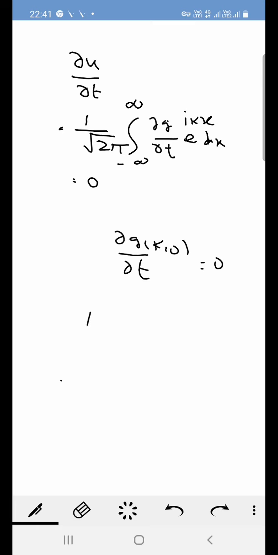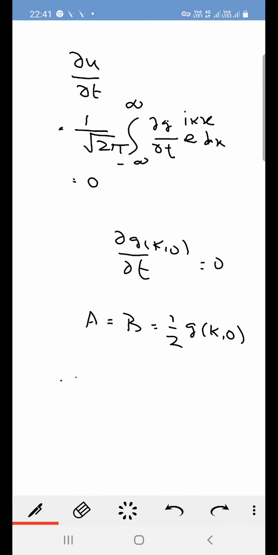So we get the expressions of the constants in the solution as equal to half g(k, 0). So this is the solution of the differential equation that we initially started.